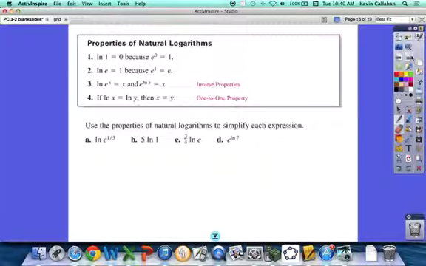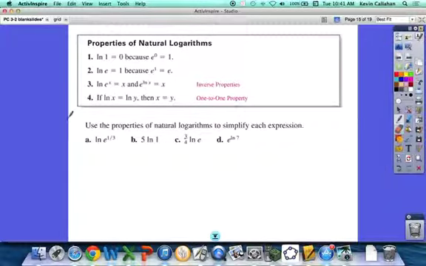So that's e to the 0 equals 1. That's how it looks as an exponential. And we'll be doing these conversions all the time when we're solving equations. That's just part of how you do it, right? e to the first equals e. And e to the x equals e to the x.